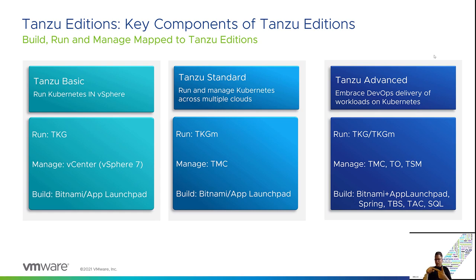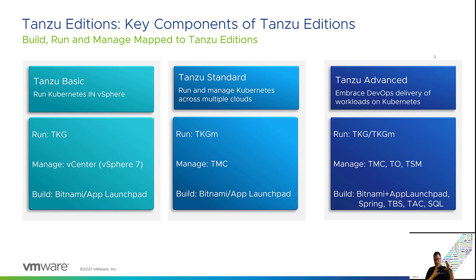You will get the whole managed portfolio, so you will be entitled to Tanzu Mission Control, Tanzu Observability, Tanzu Service Mesh, and you will have a broad range of build tools. The Bitnami App Launchpad is integrated, but for example also the Spring framework, the Tanzu Build Service, the Tanzu Application Catalog, and some SQL services as well.